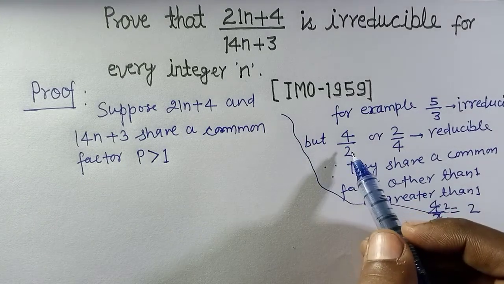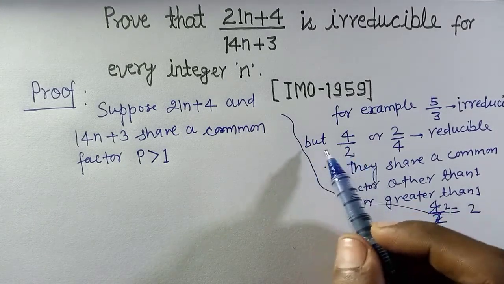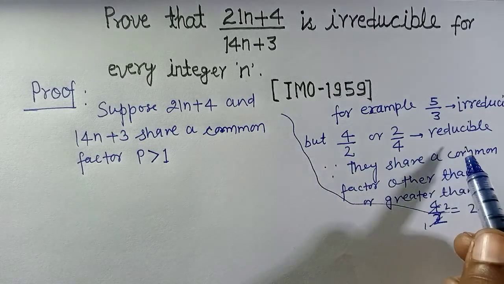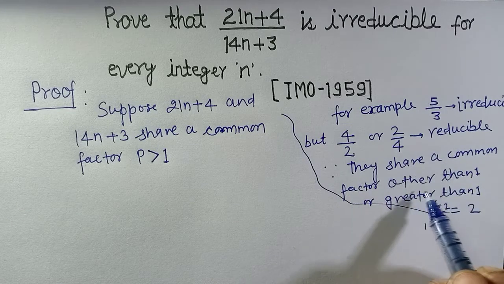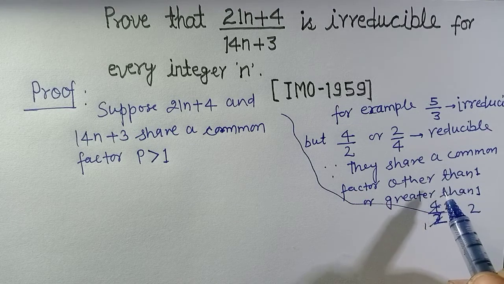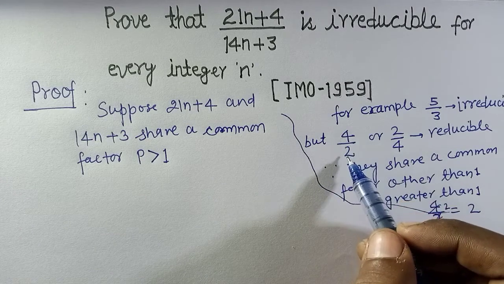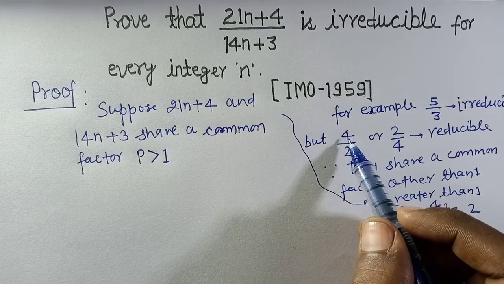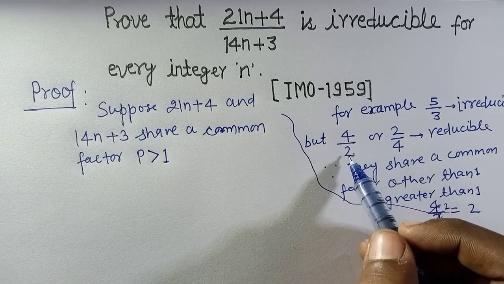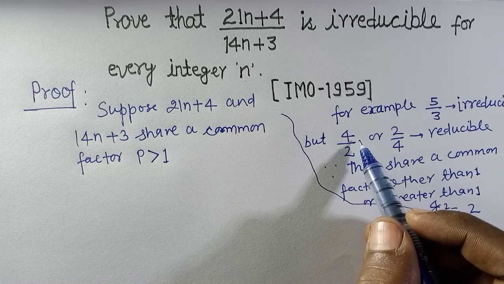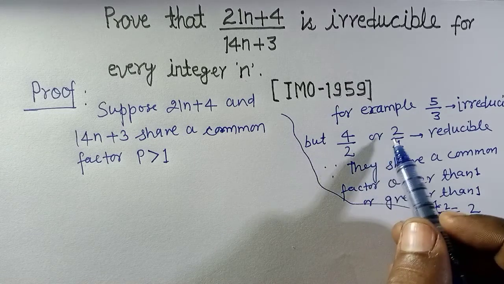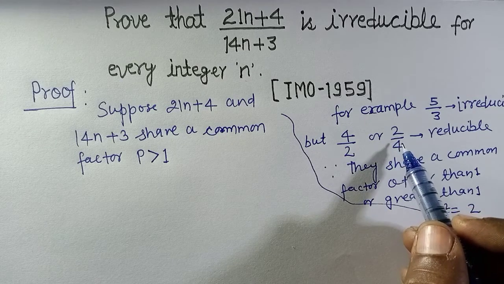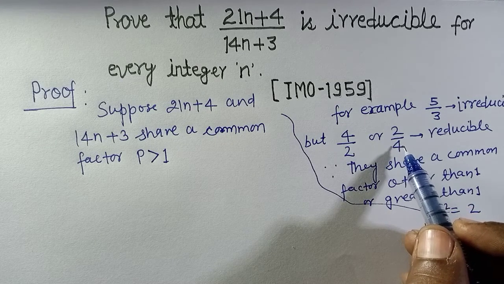As we have shown here, 4 over 2 or 2 over 4 is reducible since they share a common factor greater than 1. In 4 over 2, 4 and 2 share a common factor, that is 2, and in 2 over 4, 2 and 4 also share a common factor, that is 2.